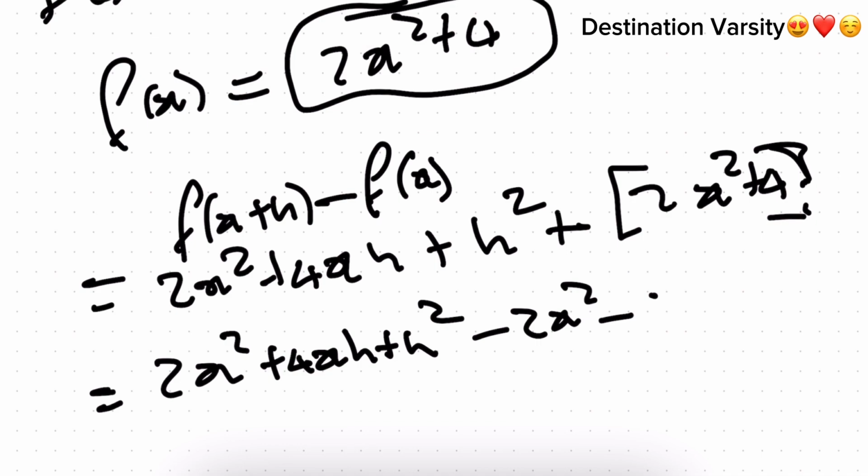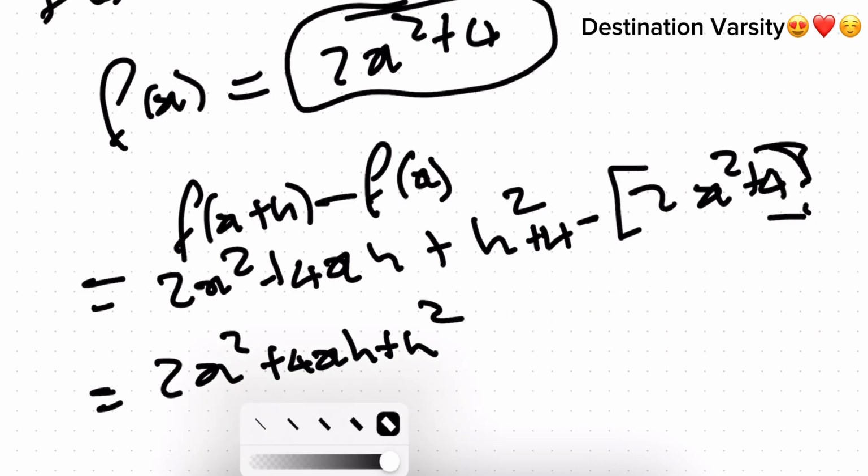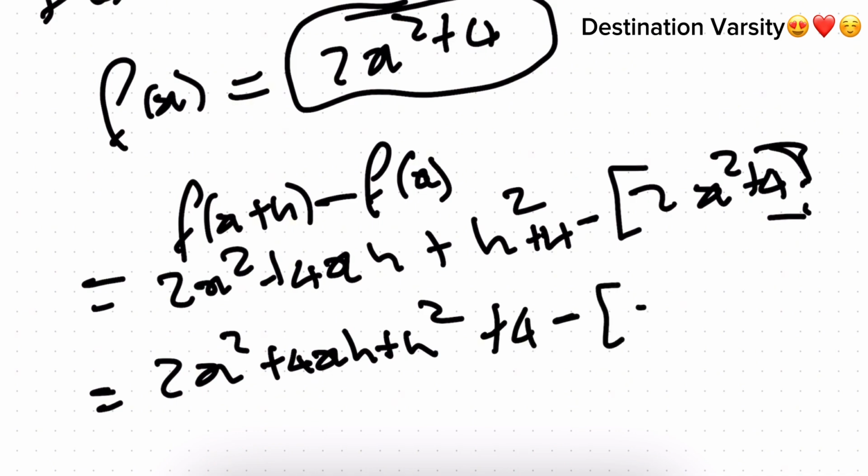Let me create some space for me. It should be a plus 4 minus, you get what I'm saying? So even here, before we add this, let's have a plus 4 minus, right? Oh my gosh. Now we're expanding the brackets, right? So we can't be writing the same thing over and over.